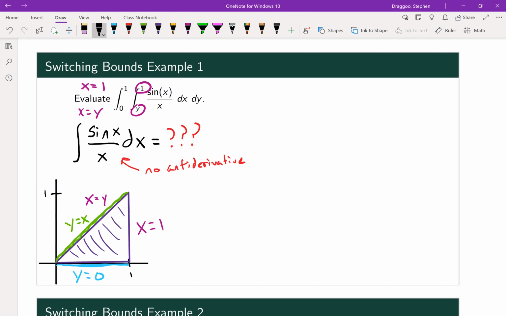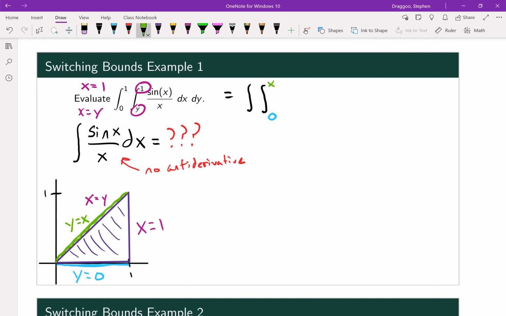So we'll just reorganize our double integral so that we're going to do everything in terms of x. We needed a bottom equation, which is 0, and a top equation, which is just y equals x.